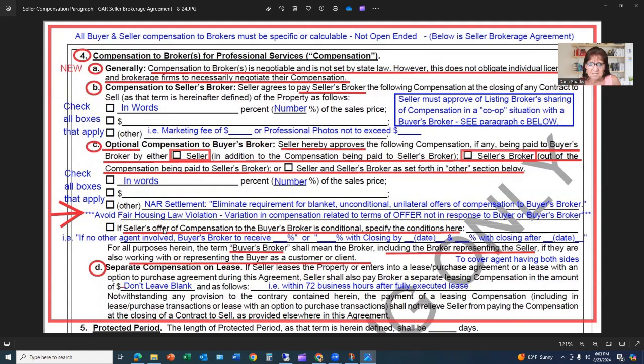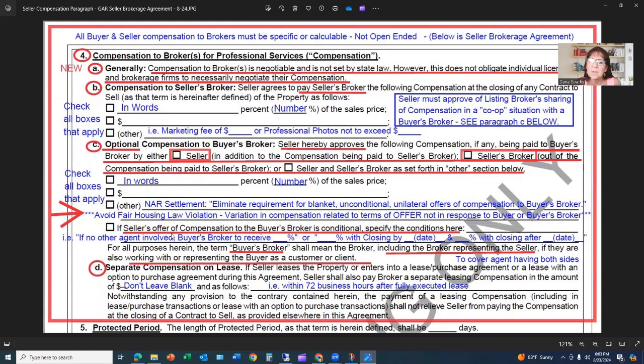Any variation that a seller or a listing broker is offering in compensation to a buyer's broker must be related to the terms of the offer and have nothing to do with the buyer or the buyer's agent or broker personally. That is where you could potentially violate or be accused of violating fair housing laws.